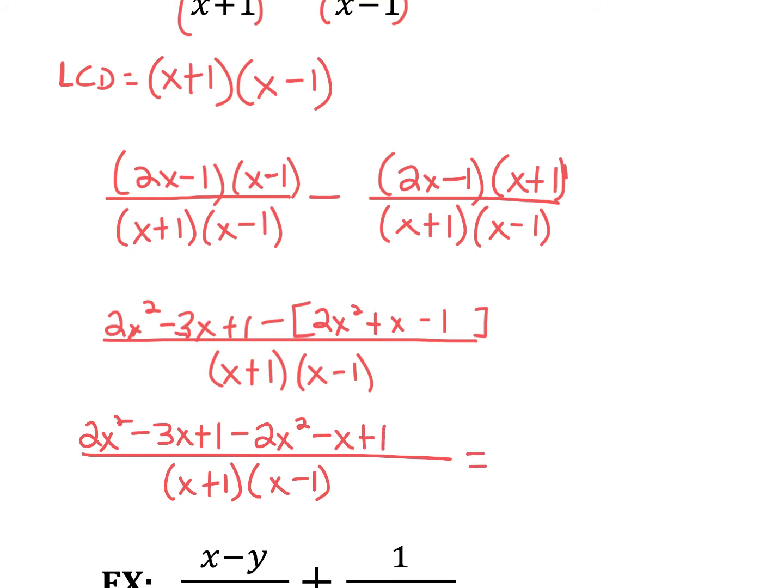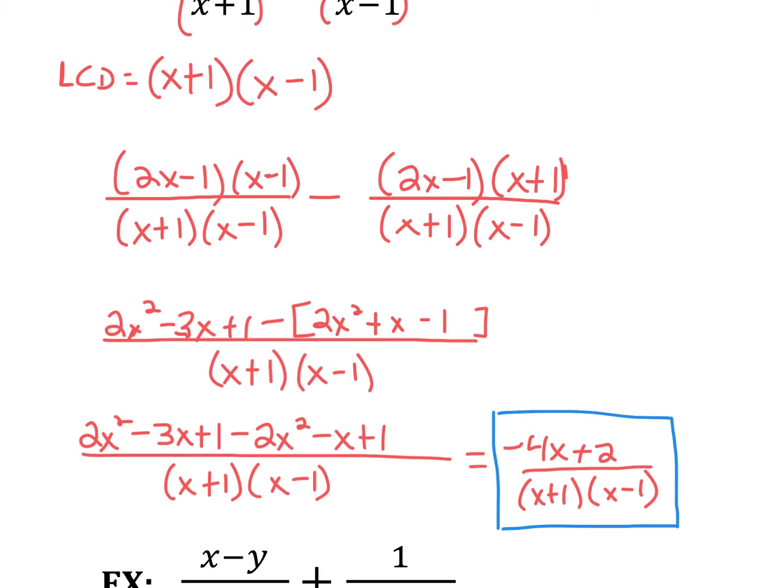And then if I continue my work in the numerator and simplifying it by combining like terms, I will end up with negative 4x plus 2. And I have my common denominator of x plus 1 times x minus 1. All right, and then this is my final answer.